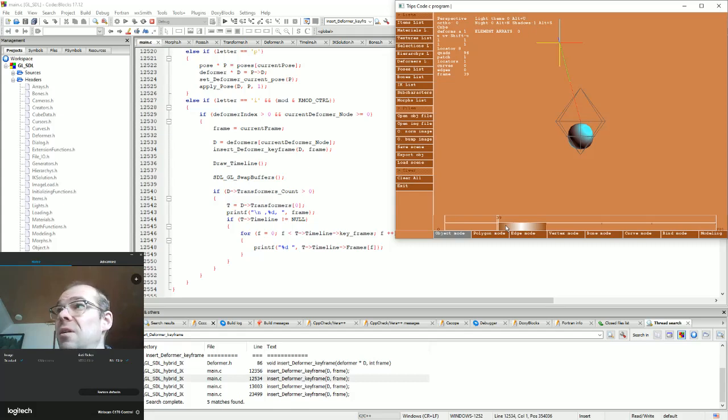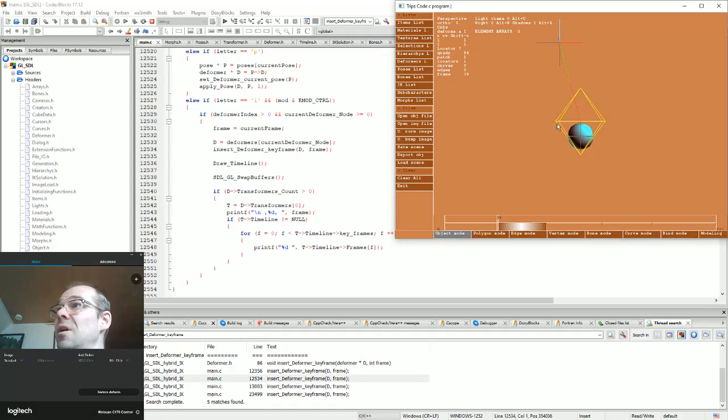And currently I have restricted also the ability to put keyframes. Keyframes can be only applied to the former objects, and that's why this transformer that we observe here belongs to this deformer here.